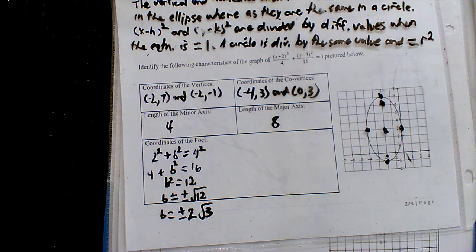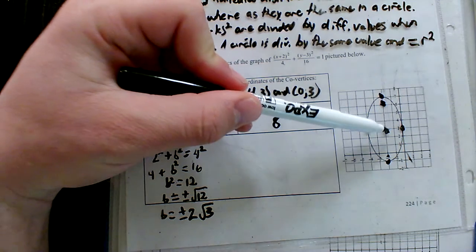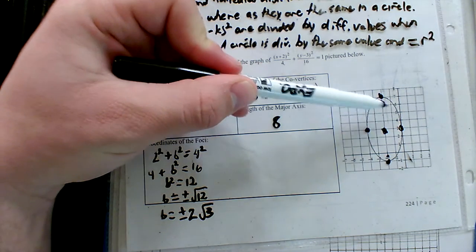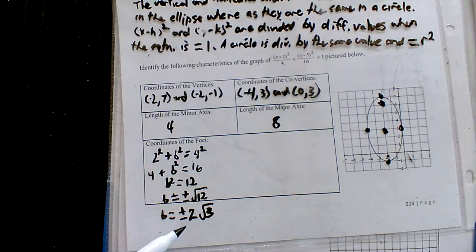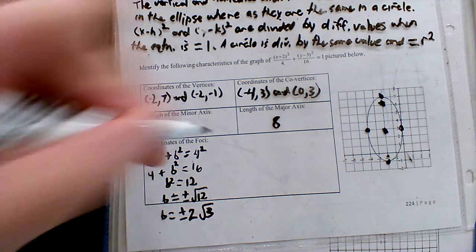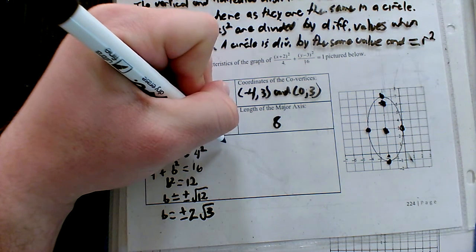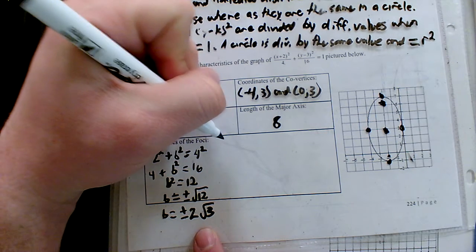So this is part of it. What we found is the distance from the center to the focus. That's what this value is. The distance from the center to the focus. They want to know what the actual coordinates are though. So we know that this value is plus or minus 2 square roots of 3.